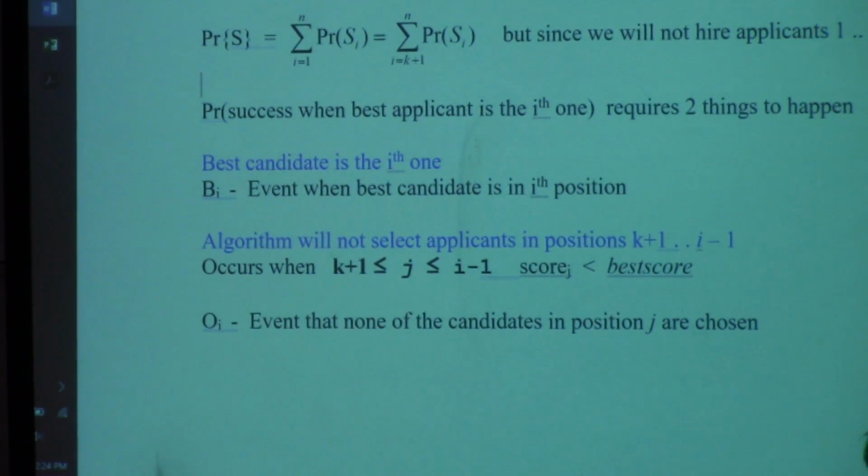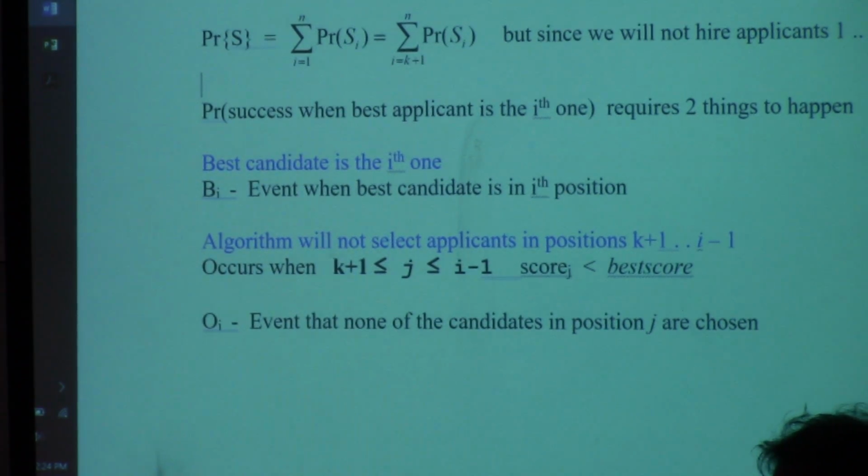So the bigger k is, the better chance we have of really bringing that threshold up. But the better chance we have of losing the top candidate also. See what I'm saying? So we are doing two things. By making k bigger, we're working against ourselves. Because it's decreasing the chance of hiring the best person, but it's increasing the chance of hiring a good person.